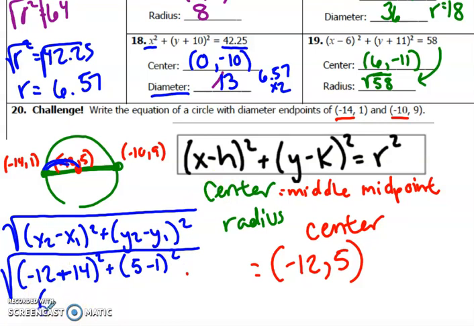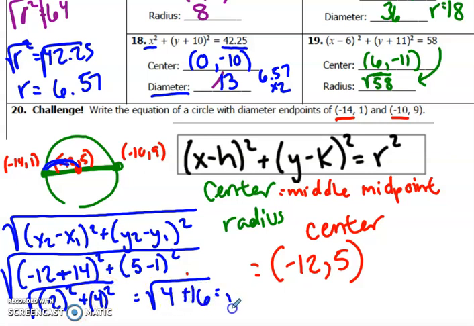14 minus 2 is 2 squared. 5 minus 1 is 4 squared. 2 squared is 4. 4 squared is 16. So my answer is the square root of a 20. So that would be the radius, because that is what it would be from one point to the center that we found earlier.